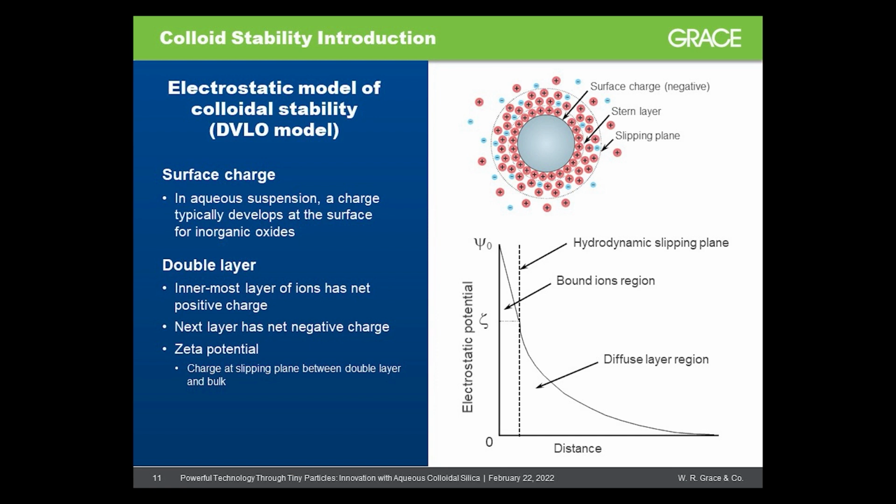Thus, when we measure particle charge, we are actually measuring the charge at the edge of the double layer, and this potential is called the zeta potential. This theory of the electrostatic structure of the colloidal particle surface has been successfully used for many years to describe the behavior of colloidal suspensions.